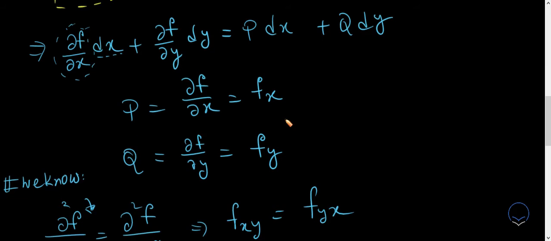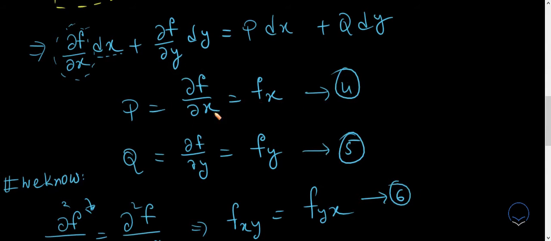Now, using these three informations over here, let's say 4, 5, and 6, our target is to find whether this kind of f exists if the equation is exact, and to check the equation is exact, we will derive one condition that I haven't discussed yet. So if our equation is exact, our ultimate target will be to find that f of x y will contain our solutions implicitly.